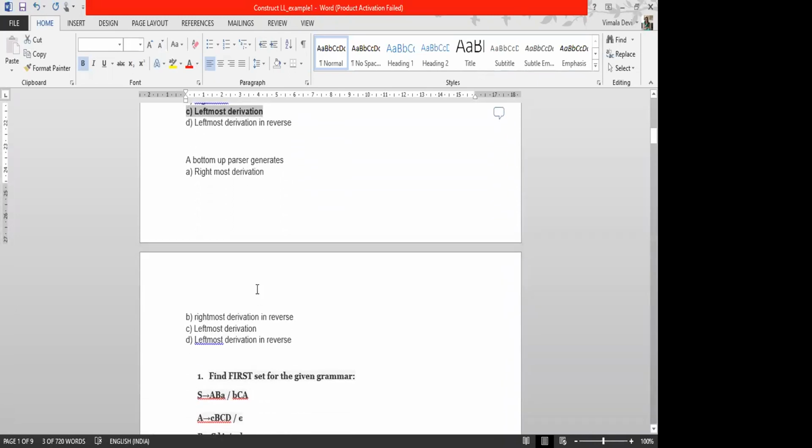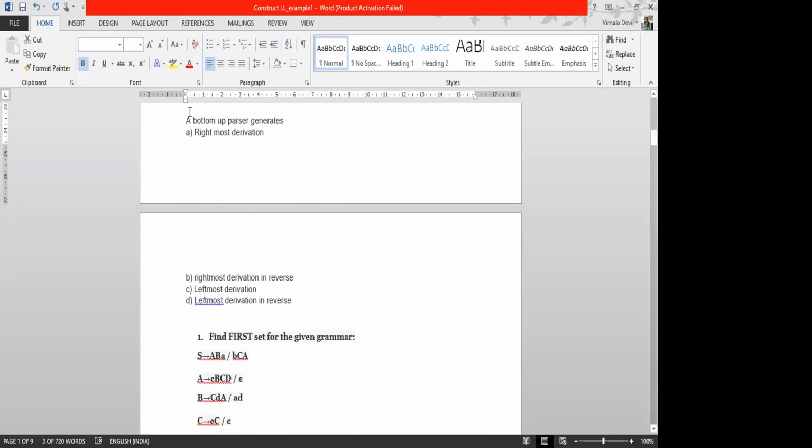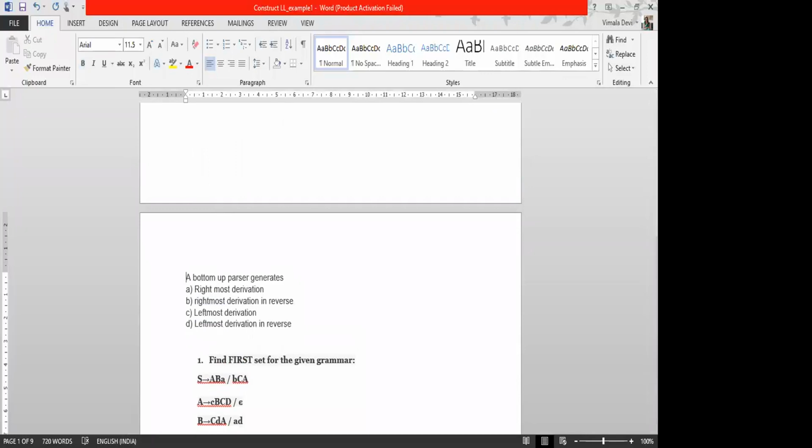A bottom-up parser generates what? These two points you must remember. This is the basics. Then only you can connect the rest of the things logically. A bottom-up parser generates rightmost derivation. But why is the word reverse?